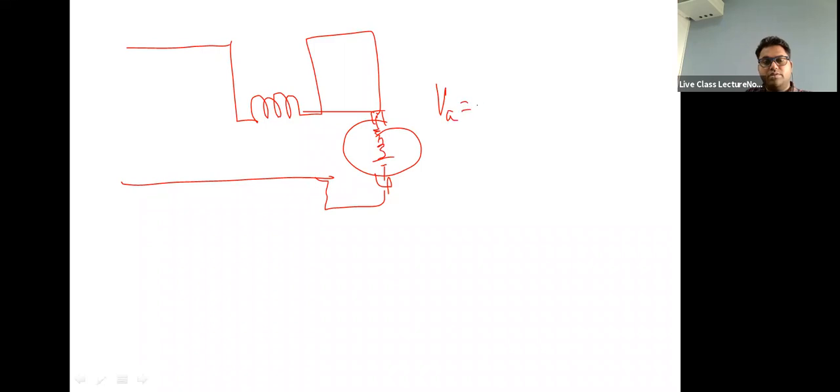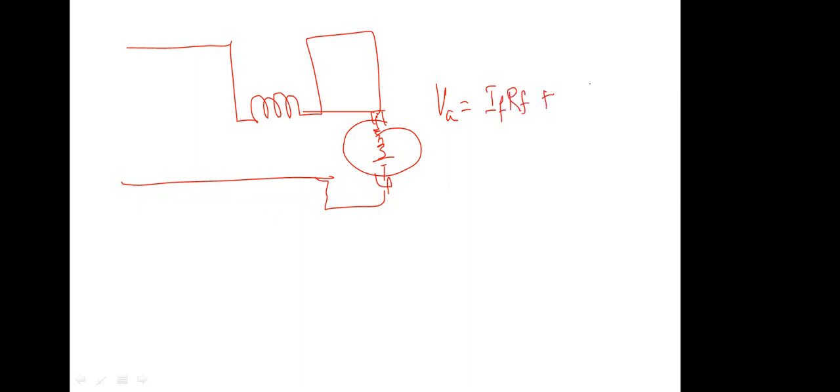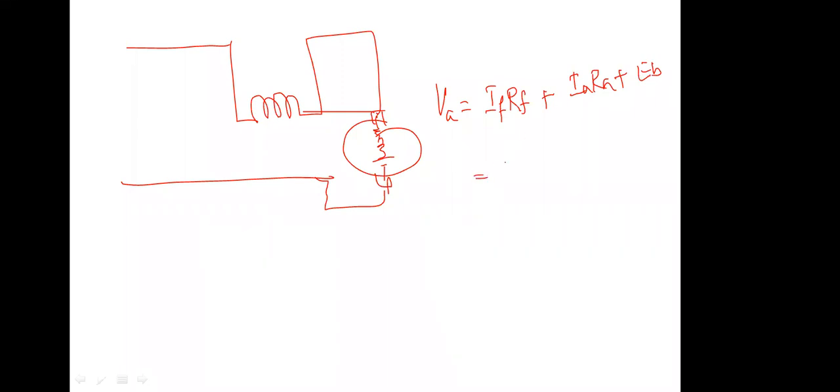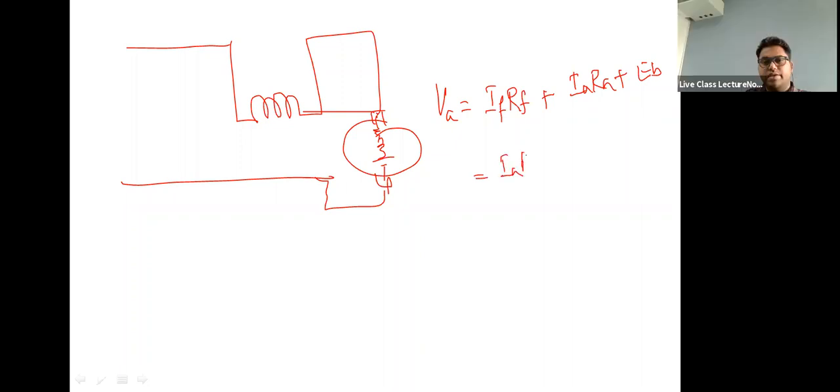So V armature, whatever I give to it, will be equal to I_F R_F plus, in the steady state, I_A R_A plus E back, the feedback. Right? Now I_F is equal to I_A, right? So I_A R_F plus I_A R_A plus E back.